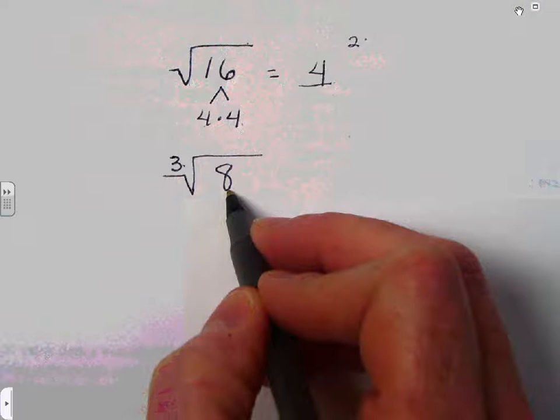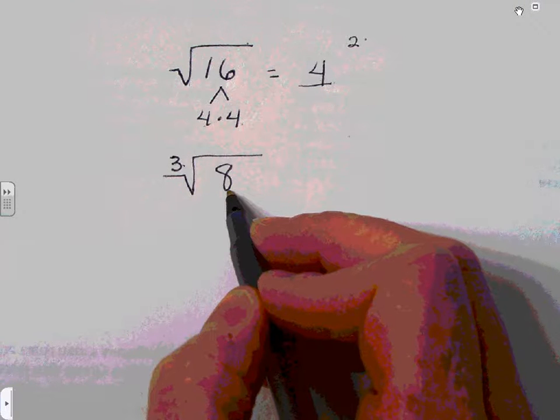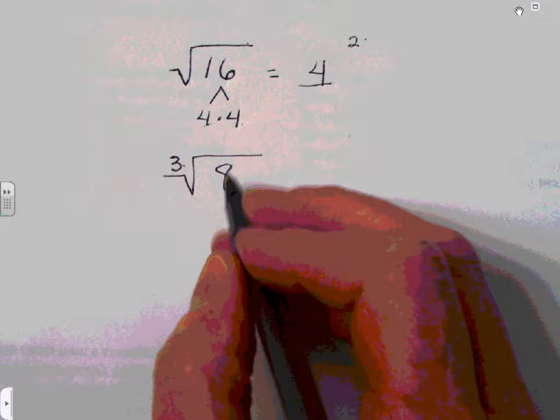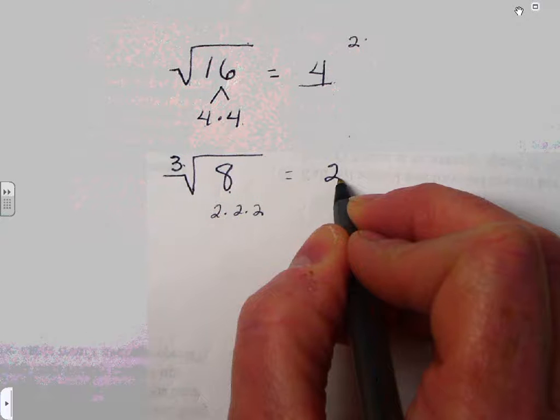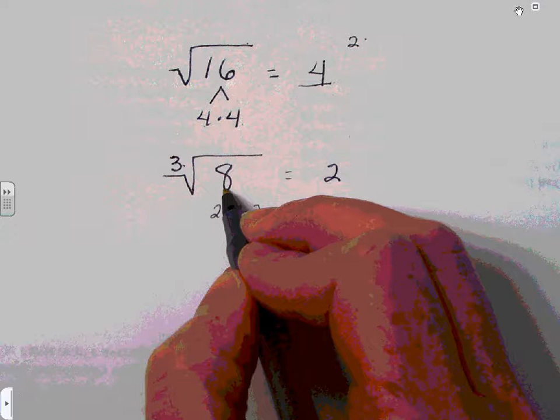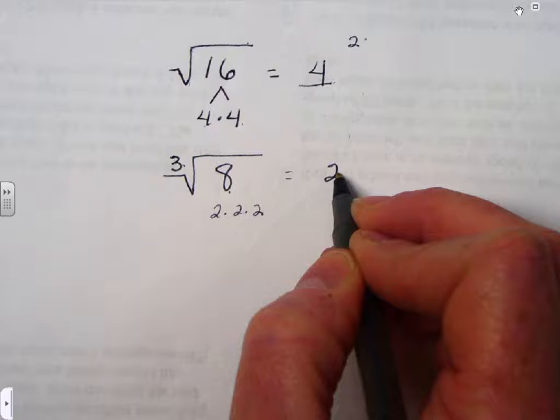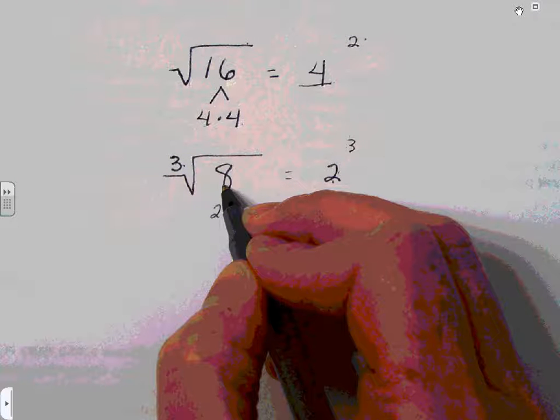So what number times itself 3 times? 2. A 2 times a 2 times a 2. So the root here would be a 2. The cubed root of 8 is a 2 because 2 to the 3rd power is an 8. You kind of see how it all makes a big circle, right?